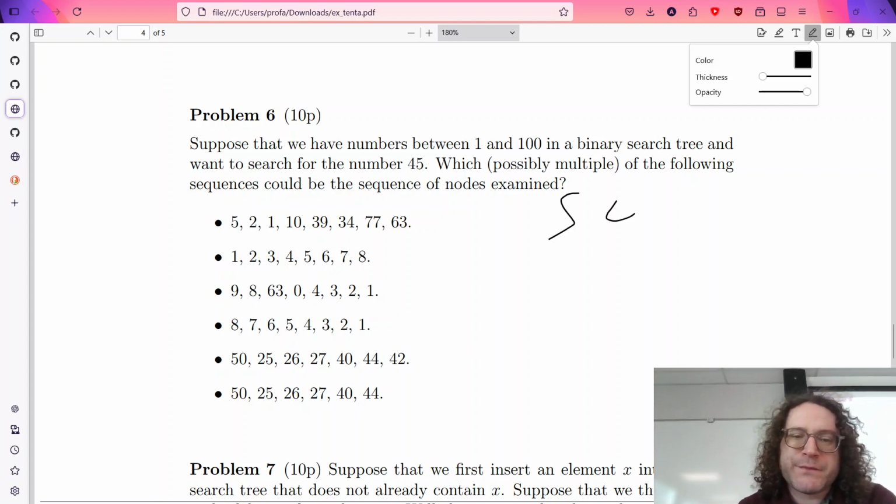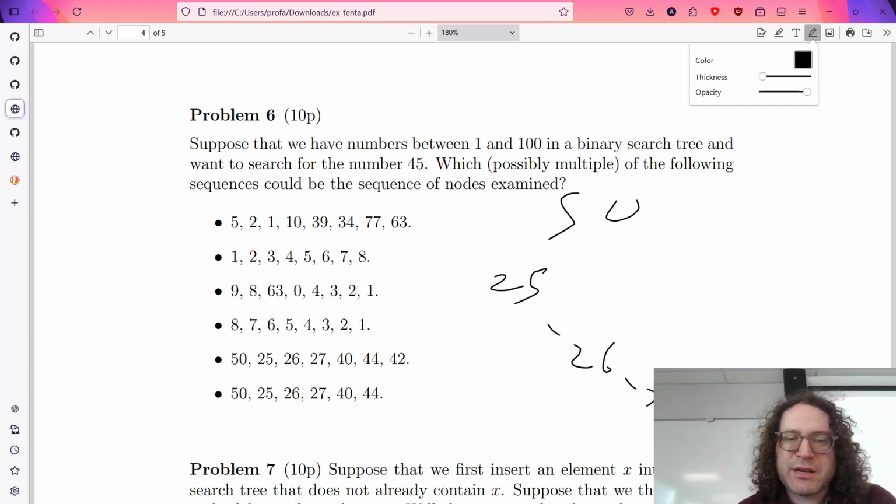So 50, 25, 26, 27, 40, okay, 44, and then going to 42. That 42 kills it, essentially, because if we had a 42, well, actually, hold on, 42, that would be great.